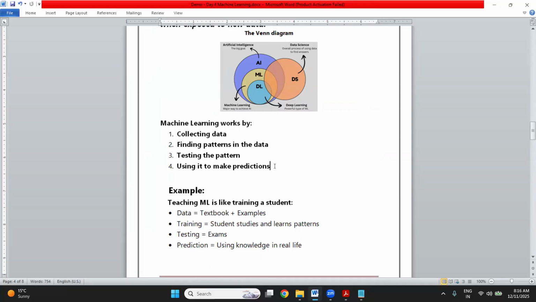This we already saw in a demo. Whatever we have seen in the demo, in the prediction of the Pongal traffic, same thing was happening behind the scenes. That is what machine learning was doing. So the first step of machine learning is it will collect the data.